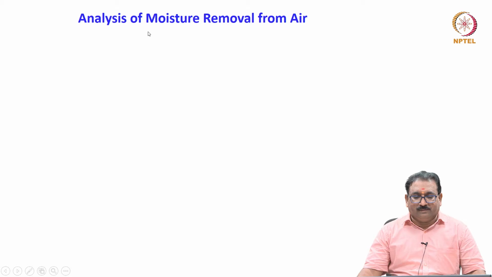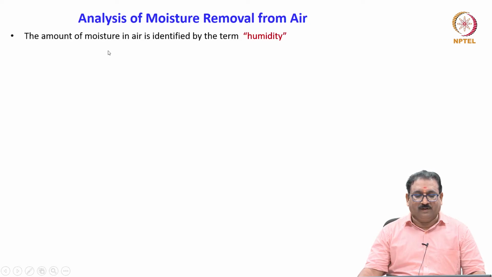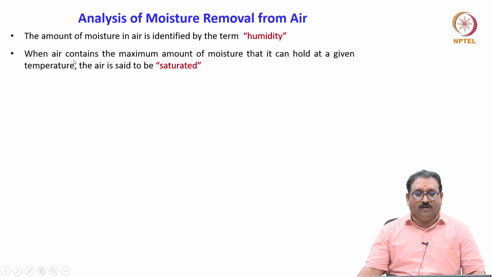Then we will see the analysis of moisture removal from the air. The amount of moisture in air is identified by the term humidity. When air contains a maximum amount of moisture that it can hold at a given temperature, the air is said to be saturated.